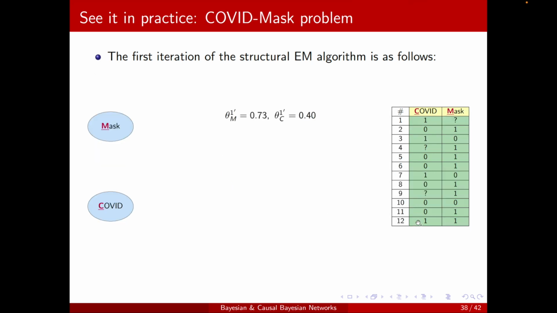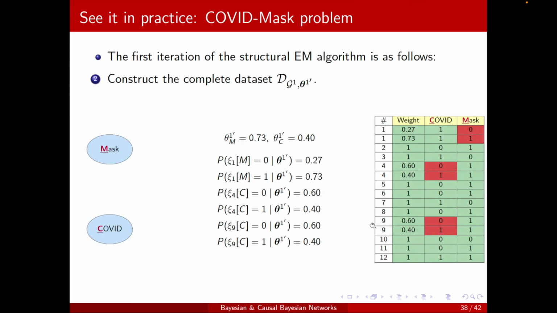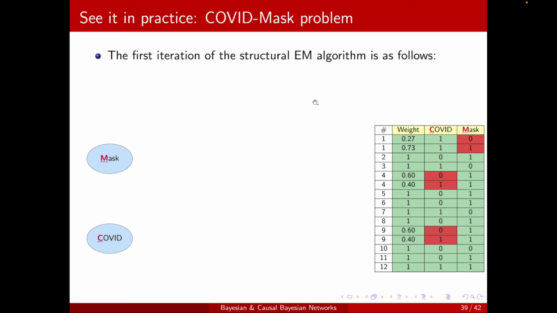And now I should go back to the original data set, fill in these question marks with this updated parameter. So how to do that? Again, calculate the probability of each instance with these updated parameters, extend the data set accordingly, and now I have my data set, D of G1 with these theta prime, updated parameters.